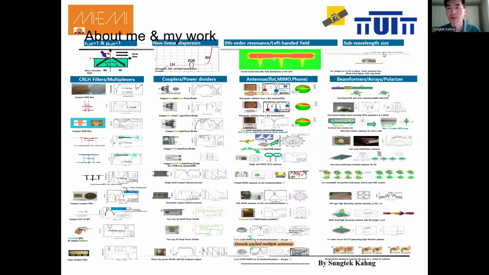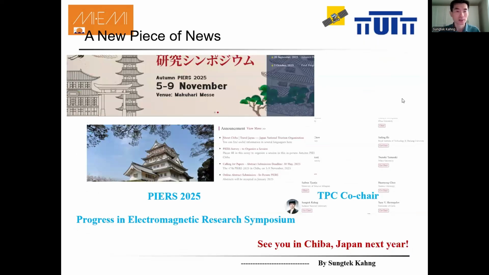Actually, this edge-coupled filter can be designed using classic design methods, but implementing a way smaller geometry, relying on nonlinear dispersion and zeroth-order resonance based structures, requires a different approach.